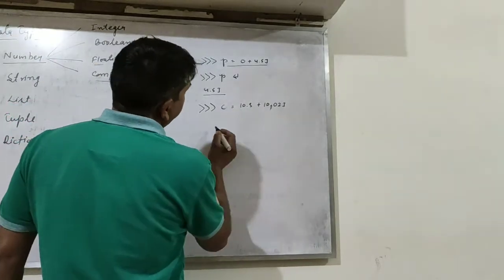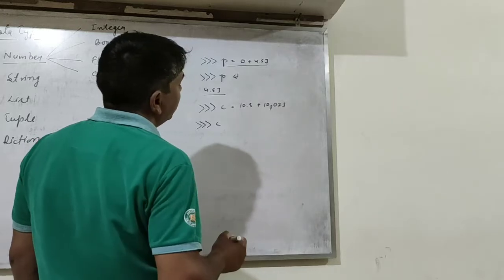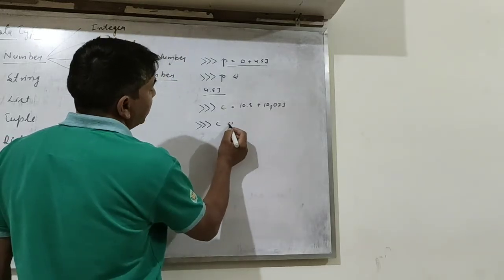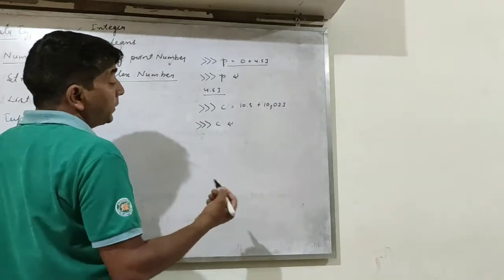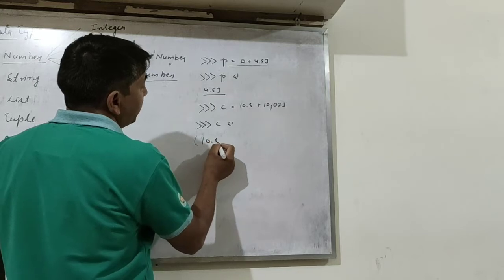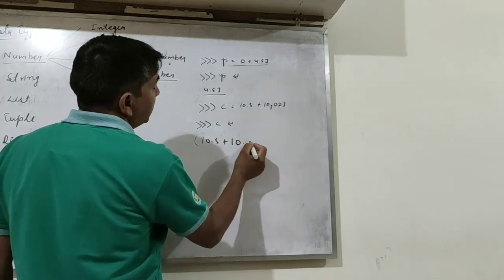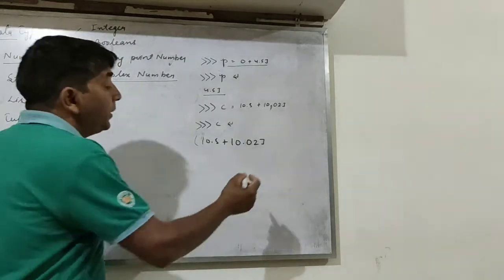As you know, the value is assigned to c, and to display the data you type c and press enter. When you enter c, you find the result: 10.5 + 10.02j. The statement is displayed in front of you.